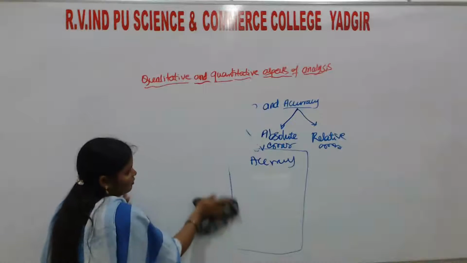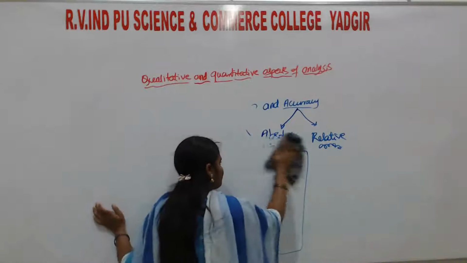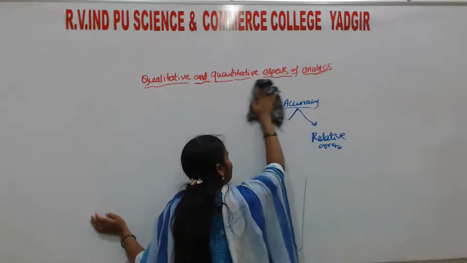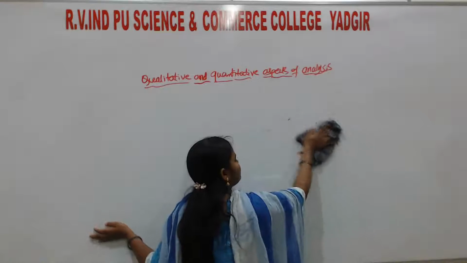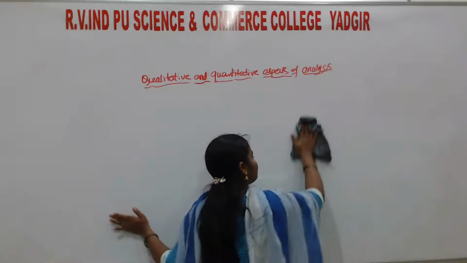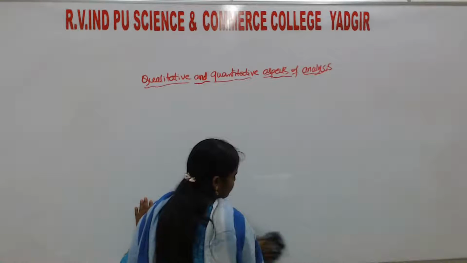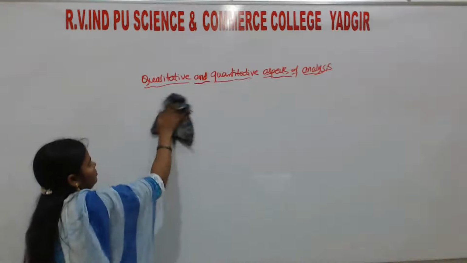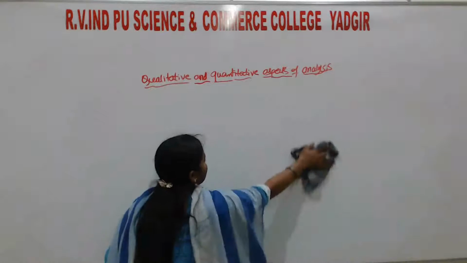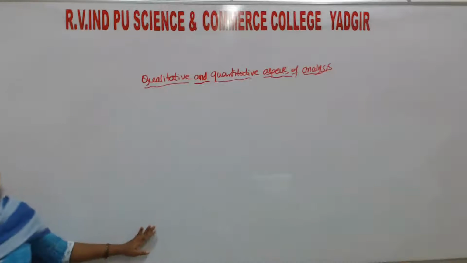One is the difference between accuracy and precision, which is important, and another is the difference between determinate and indeterminate errors, very important for 4 marks or 5 marks questions. Those come under types of errors.